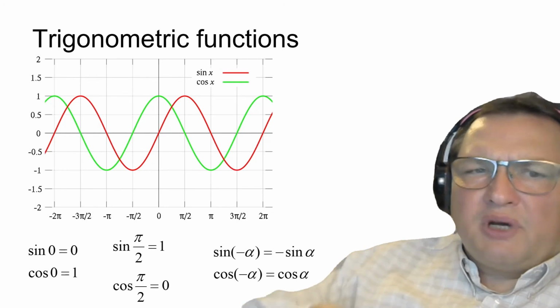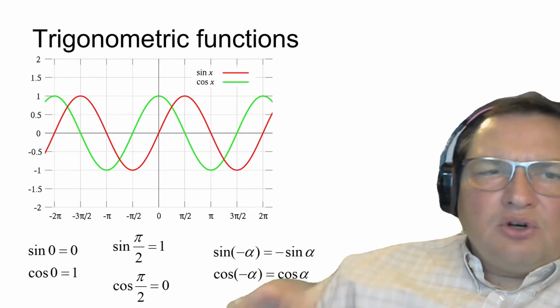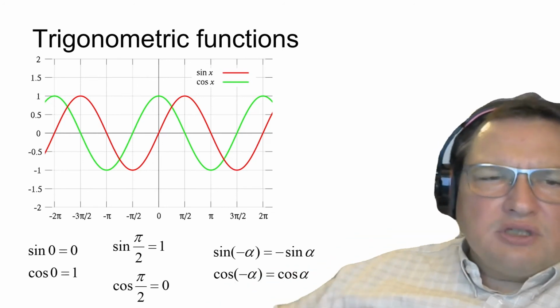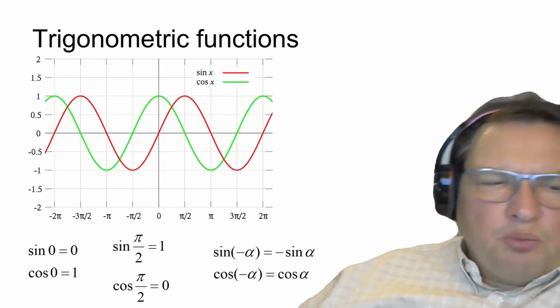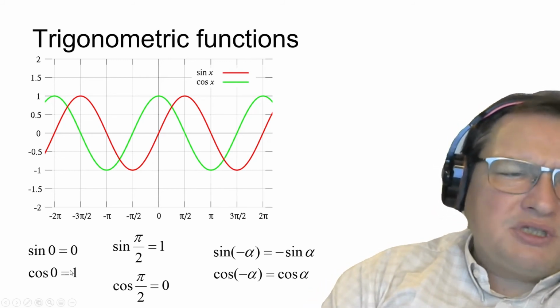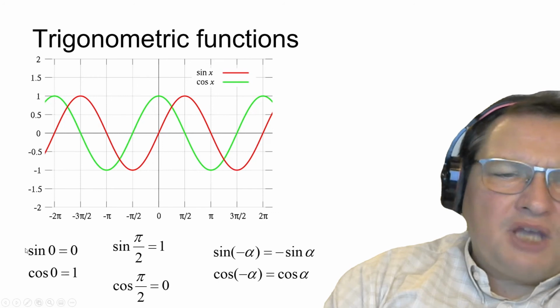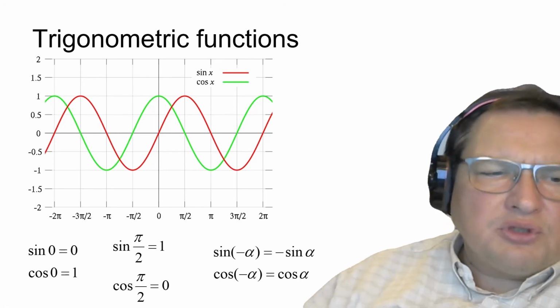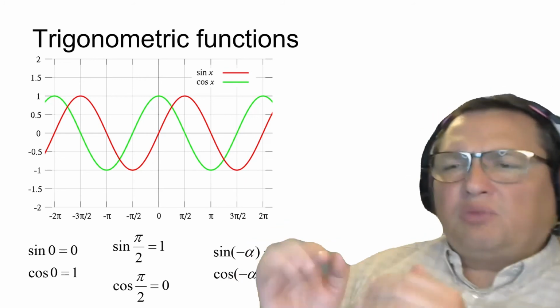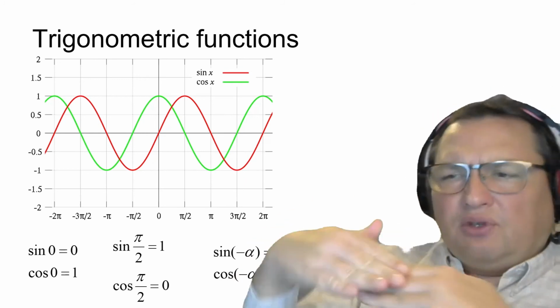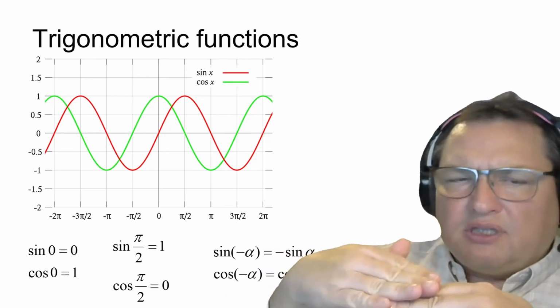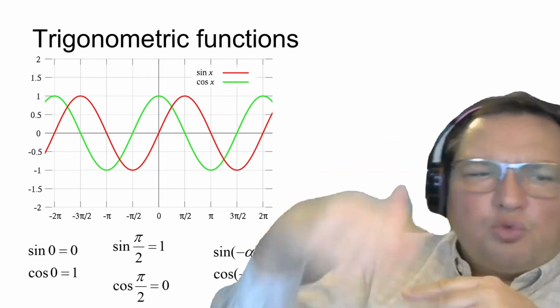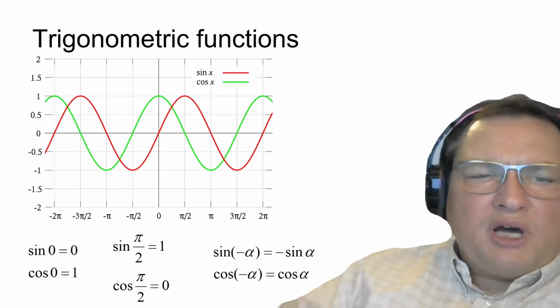Here you can see combined diagram of sine and cosine function. Sine is red, cosine is green. Very important thing to remember, sine of 0 is 0. And you don't need to remember anything else than that, because if you only remember that sine and cosine start at two different levels, so sine at 0, cosine must start at 1, so cosine at 0 will be 1.